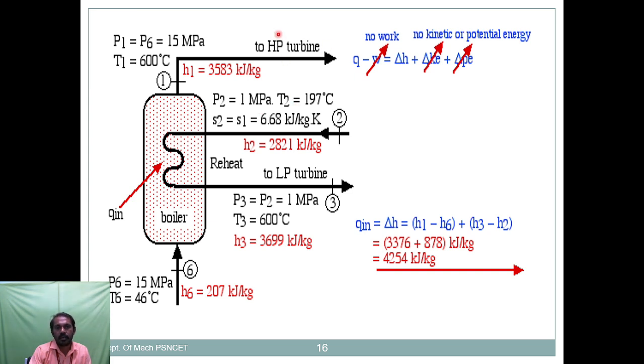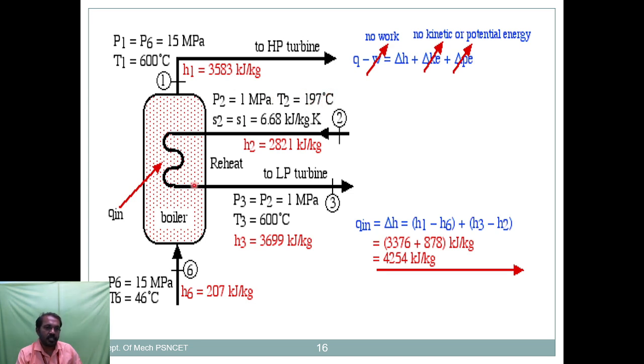This is a turbine. This high pressure turbine output goes again to the boiler. The boiler is heated. We already said the boiler is constant pressure but temperature is increased. Here the temperature decreases and pressure decreases in the turbine. The pressure has no change after release from the boiler. So here 1 bar, but temperature 197 degrees Celsius.